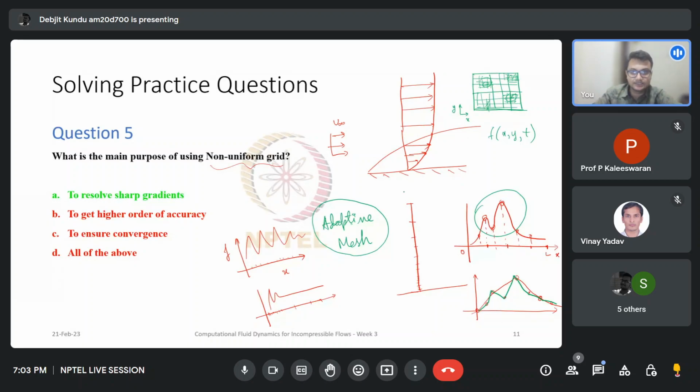This strategy is known as adaptive meshing. Another name is dynamic meshing. With time, the mesh changes. That's why they are called dynamic, right?